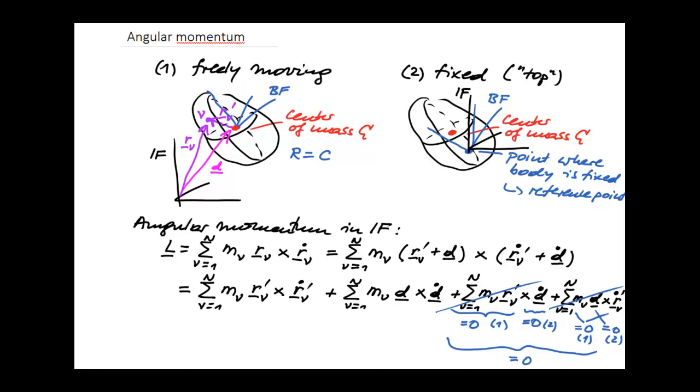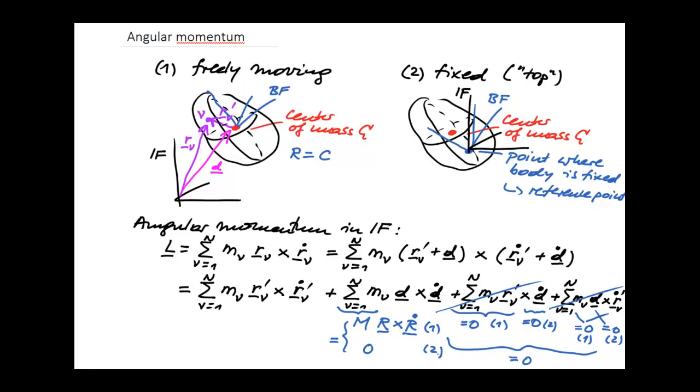In the first scenario, d equals the position vector of the center of mass, and the sum over nu m nu is the total mass, and therefore this equals total mass times position of the center of mass, vector product with velocity of the center of mass in the first scenario, and this is 0 in the second scenario.